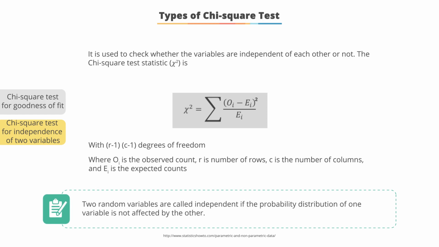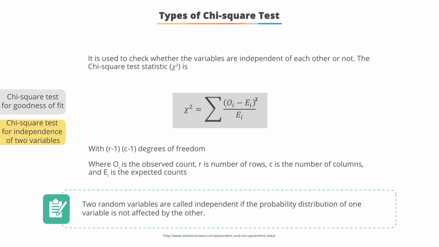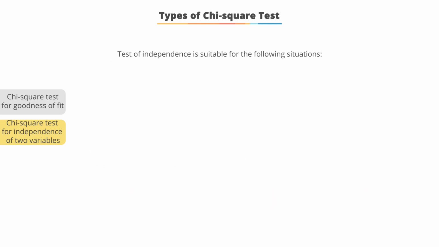And so two random variables are called independent if the probability distribution of one variable is not affected by the other. Now, tests of independence are extremely important, and like I said, this is a great test. There's also a variety of other tests for independence, but the majority of statistical and machine learning models assume independence of variables.